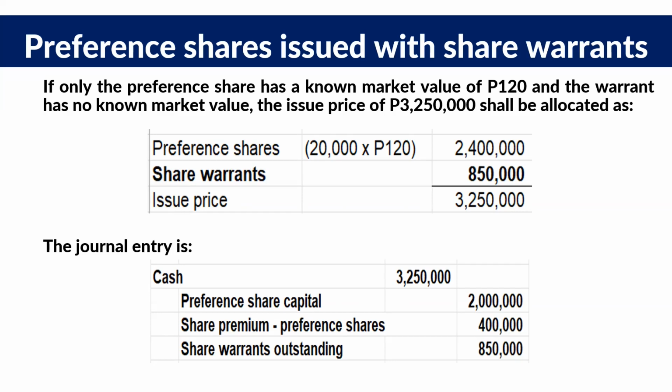If you are to journalize it, the cash you received, 3,250,000, is debited, and you credit preference share capital at 2 million. The remaining share premium for the preference shares is only 400,000, because we only allocated 2.4 million to the preference shares: 2.4 million minus the par value of 2 million is only 400,000. And then we credit the excess of 850,000 to share warrants outstanding.